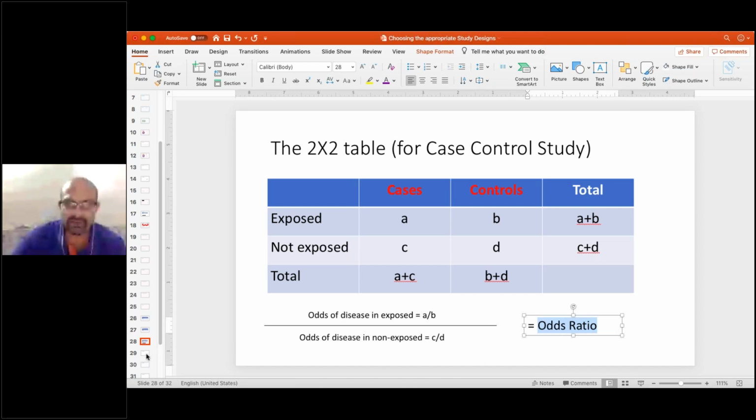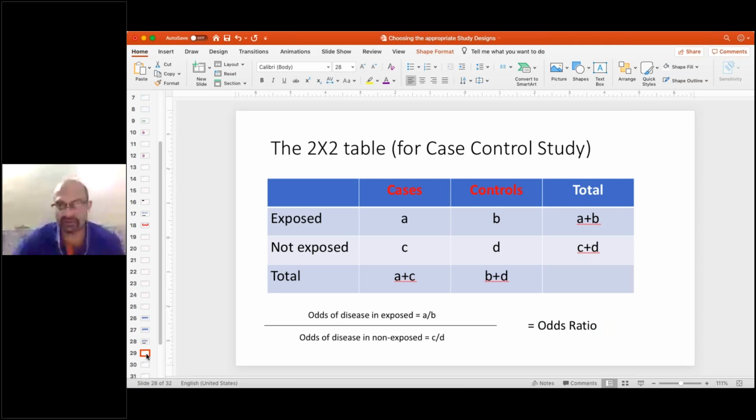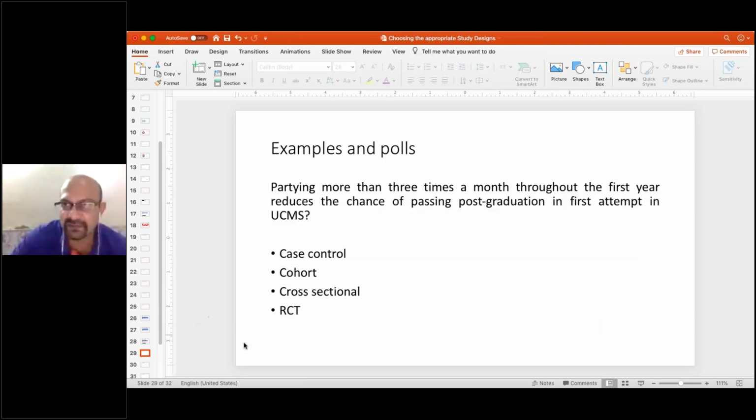I don't have anything else to say on this, but I have 3 polls if you want to take up 3 exercises, which will be quick and can be completed in 3 minutes.